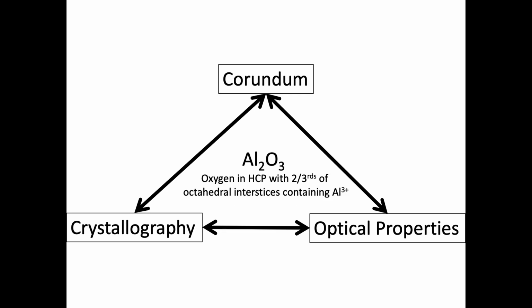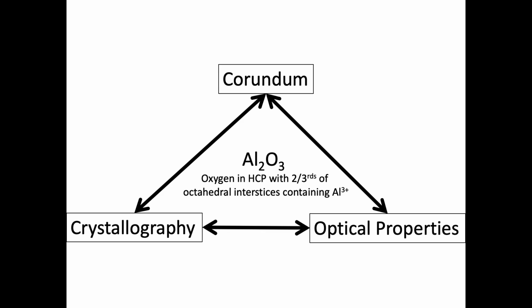So when I say corundum, what I'm actually saying is the mineral with the chemistry aluminum oxide, Al2O3, and with the structure of having oxygen in a hexagonally closest packed arrangement, and then having aluminum occupy 2/3 of the octahedral interstices between those oxygen atoms in the hexagonally closest packed arrangement.